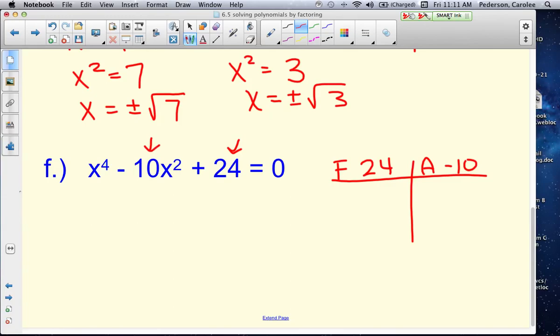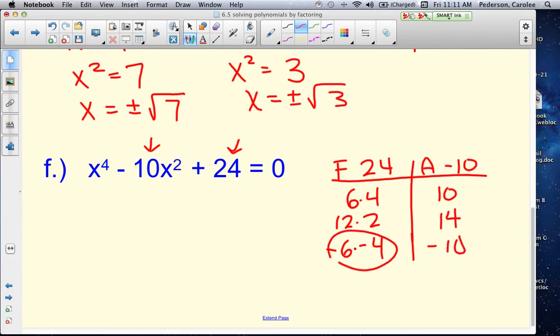And we list out some possibilities. 6 times 4, which adds to 10. 12 times 2, which adds to 14. Negative 6 times negative 4 adds to negative 10. Well, there's the one that works. So those are the values we're going to use.